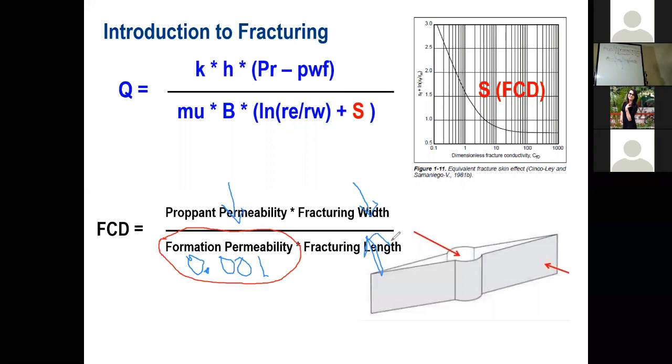Okay? You can choose a small proppant, so that permeability is low, or a very tiny width, but the keyword is a very long fracturing length. So you can reach more reservoir, deeper into the reservoir. Because why? Because you have a luxury of multiplication by 1000 when you deal with low reservoir permeability.